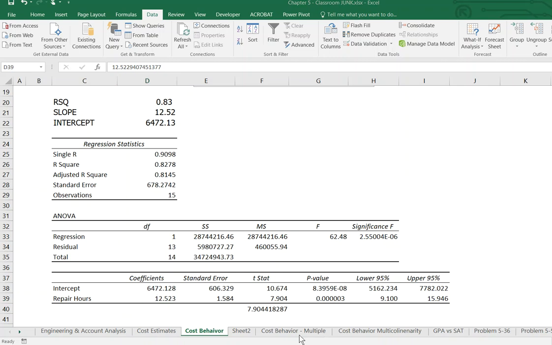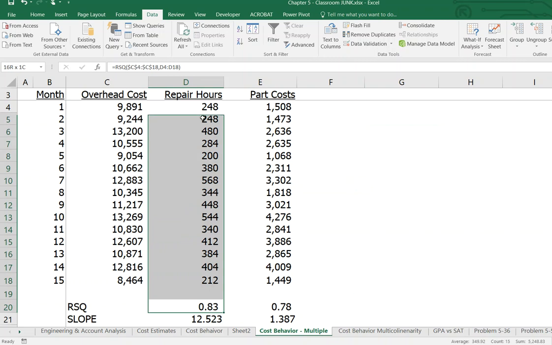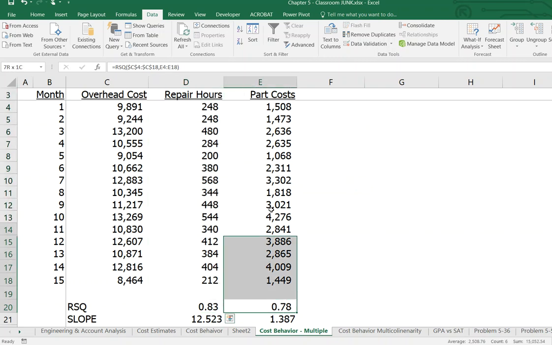Let's go ahead now and take a quick look at multiple linear regression if we want to perhaps get a slightly better estimate. So in addition to repair hours, we've gathered information on part costs. And using our Excel functions, we've estimated an R-square using repair hours to explain overhead cost and part cost to explain overhead costs.